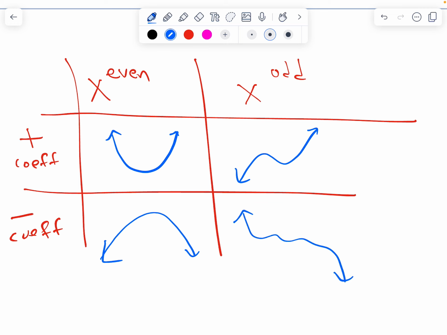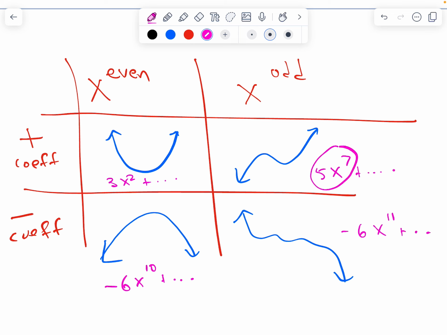Okay, so let's give some examples of each just so we really know what we're talking about here. This would be something like 3x squared. This would be something like negative 6x to the 10th. This would be something like 5x to the 7th. This could be something like negative 6x to the 11th. And of course, they could have other stuff after them, but the other stuff will not affect the end behavior.